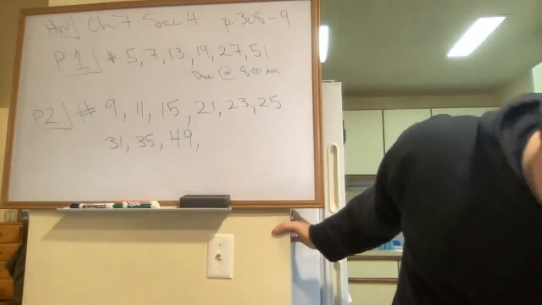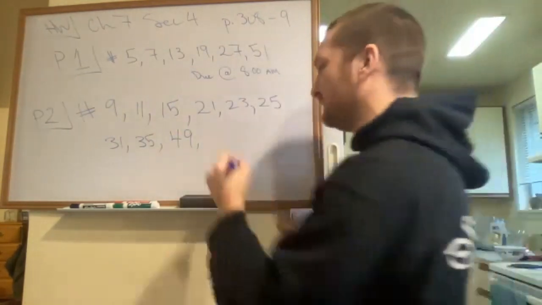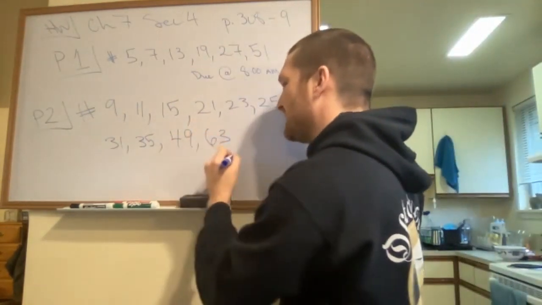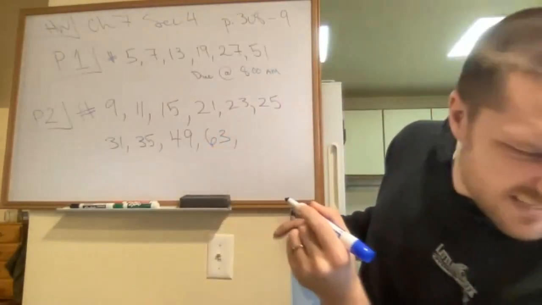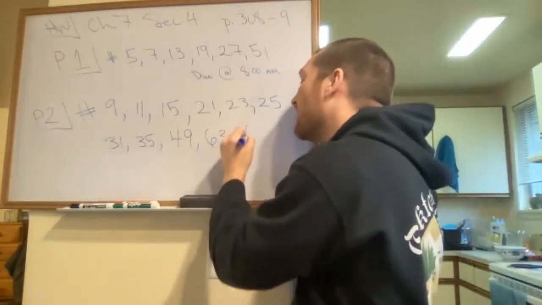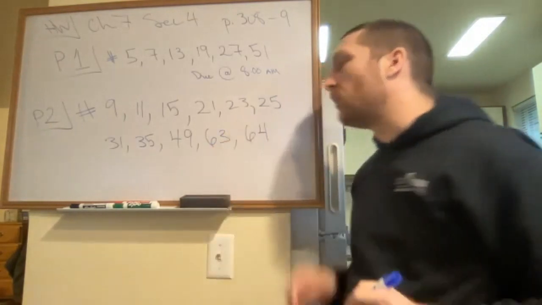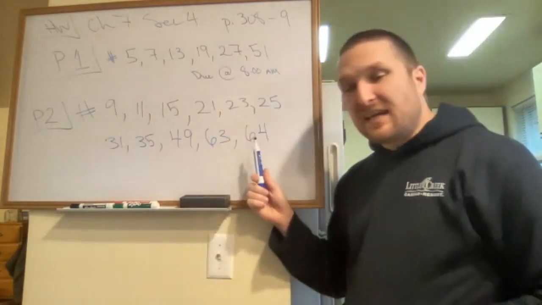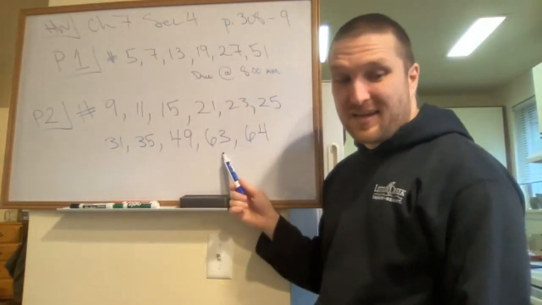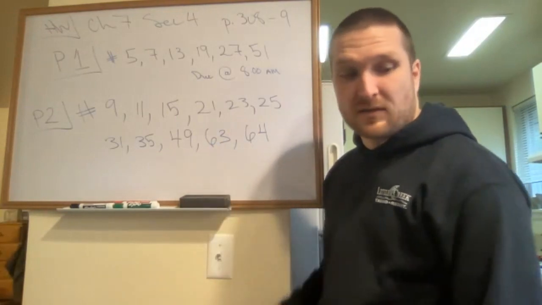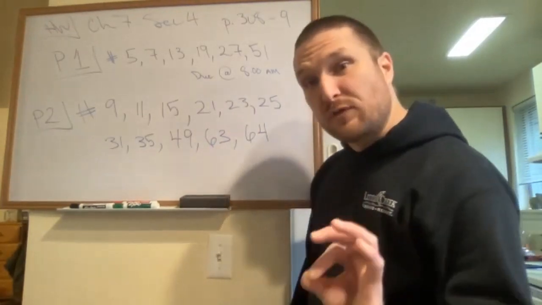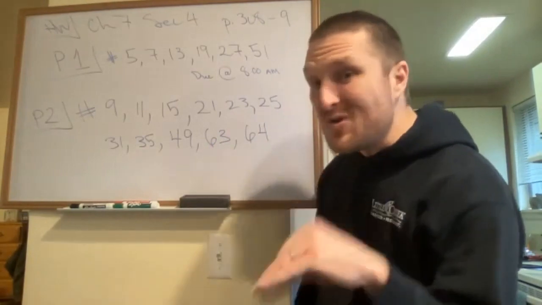Just a second. 49. Now, here's the thing. 63 and 64. 64 is the only even one. If you could do 63, which has answers in the back of the book, which by the way uses absolute value signs that we are not using.